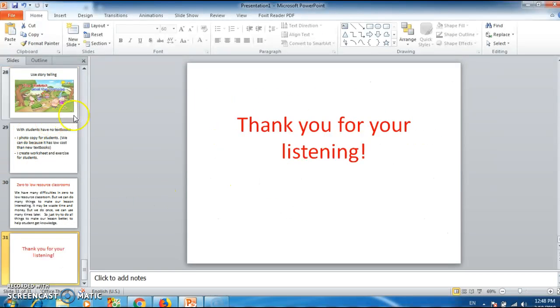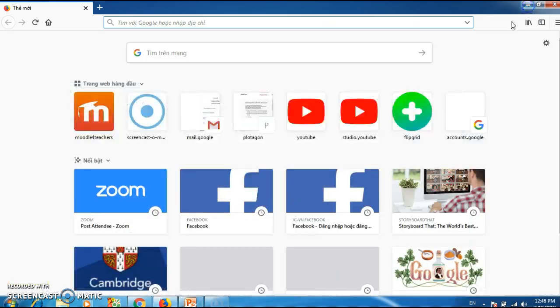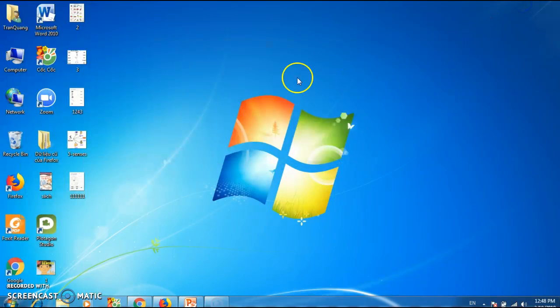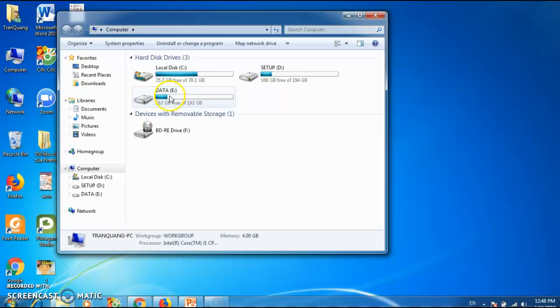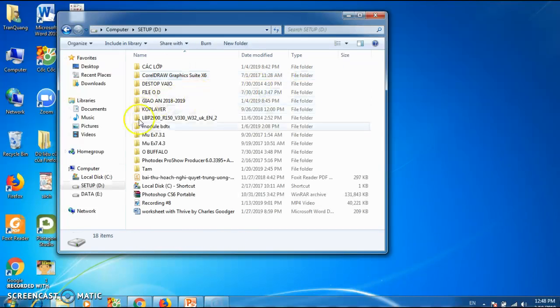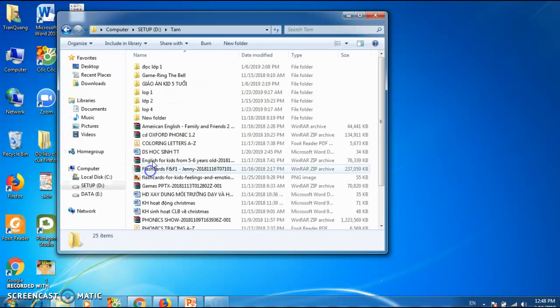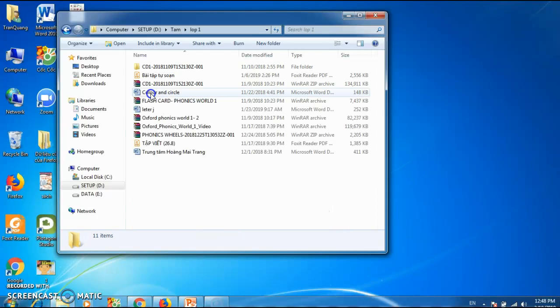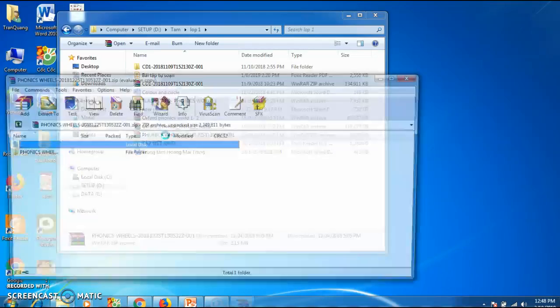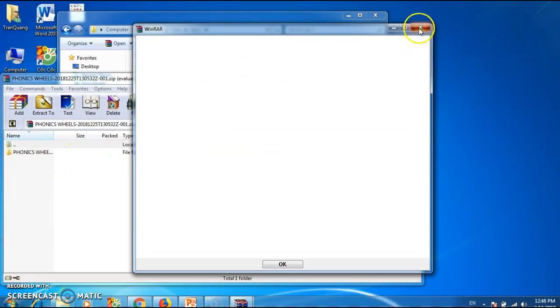And besides all I have presented, I also make many worksheets for my students to do in the classrooms. For example, here for class 1, I can do some worksheets like here.